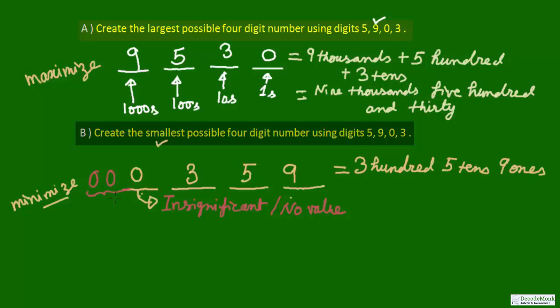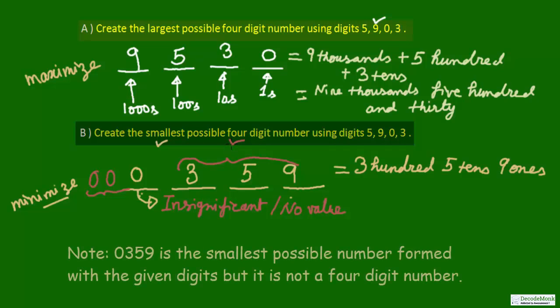So all these zeros are insignificant. So this number is basically not a 4-digit number, because we are asked to form the smallest possible 4-digit number, but this is 359, which is basically a 3-digit number. So this 359 is not our correct answer.